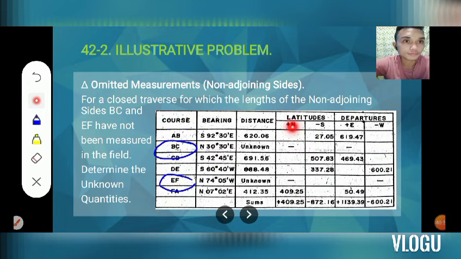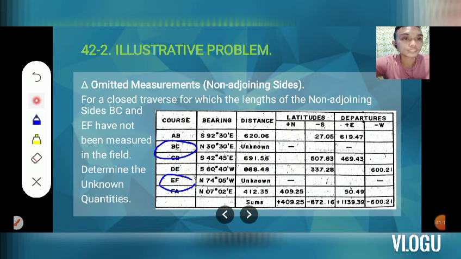All in all, we take the algebraic sum. When we say algebraic sum, we add all the given data in the table.